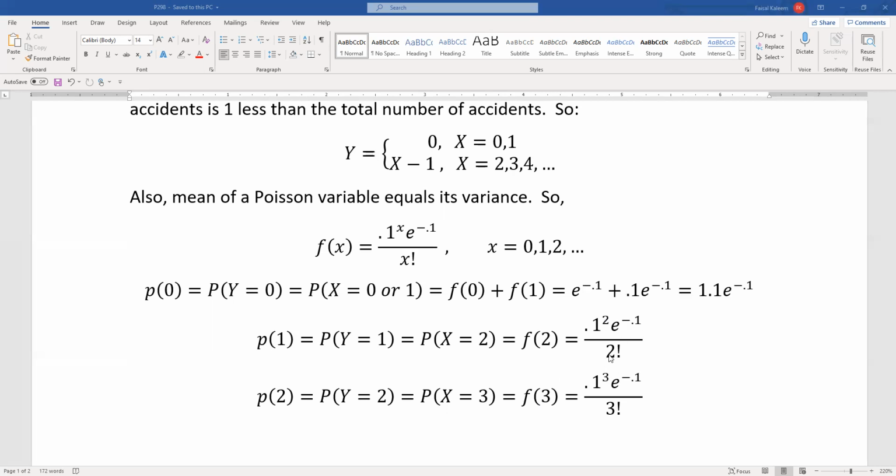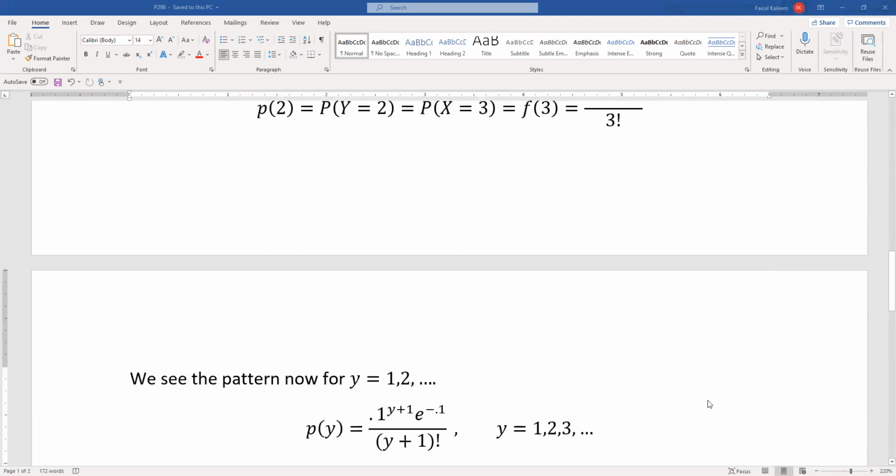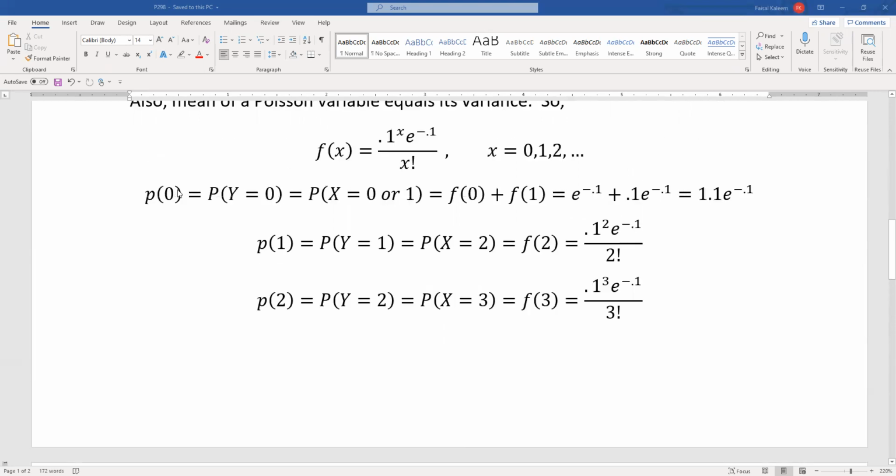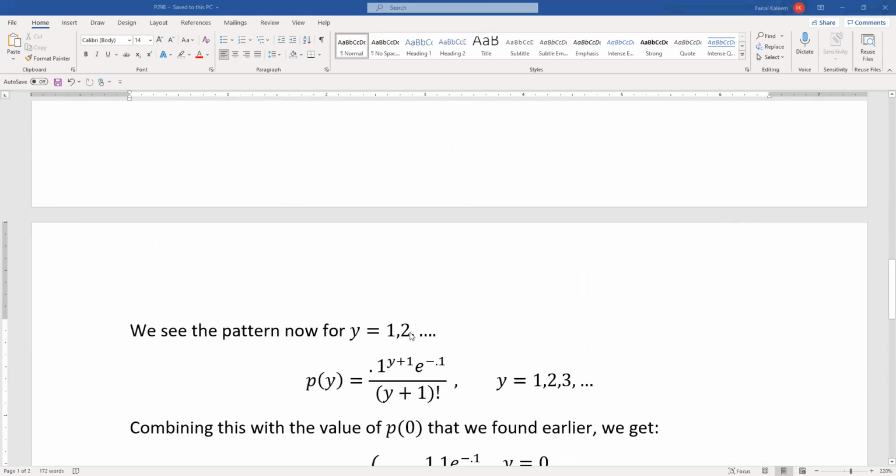In the bottom we have Y plus 1 factorial, because when we had 1 here, we had 2 factorial, and when we have 2 here, we have 3 factorial. So in general, this is only for Y equal to 1 onwards, because Y equal to 0 is separate. From Y equal to 1, 2, 3 onwards, P of Y is always 0.1 power Y plus 1, e to the negative 0.1, over Y plus 1 factorial.